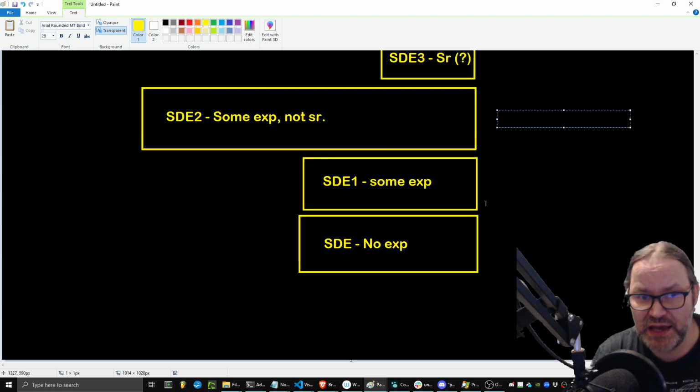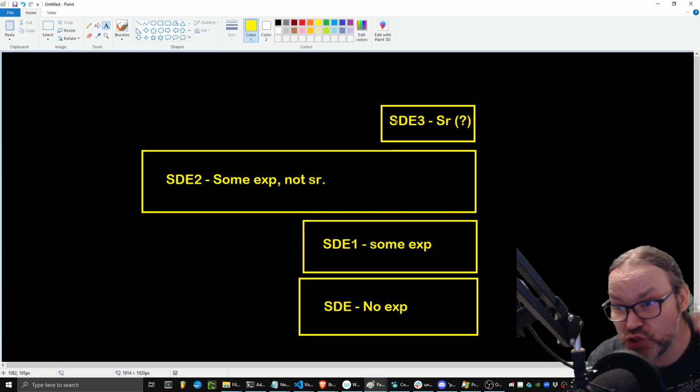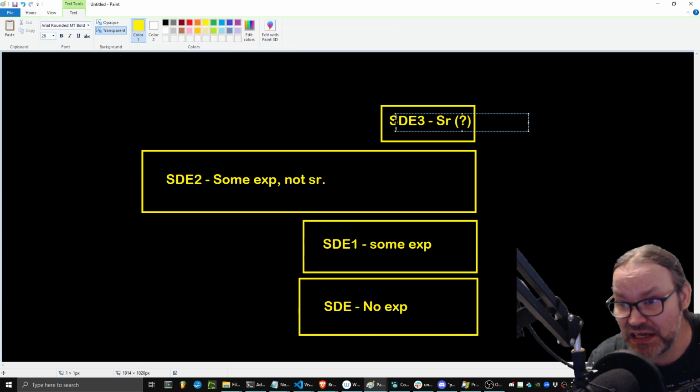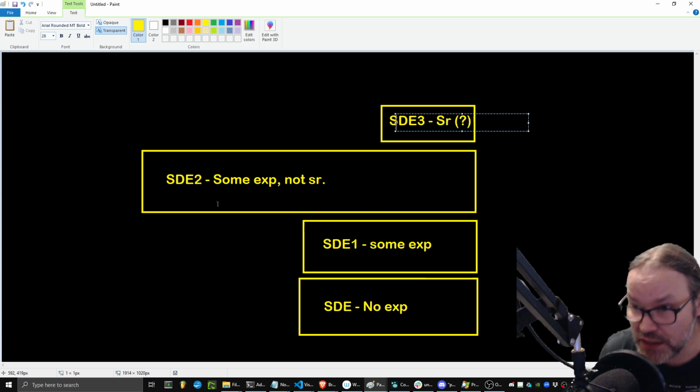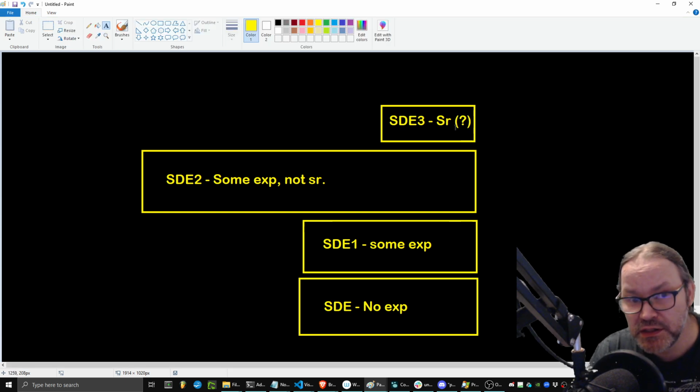The problem with that is that there's also a lot of people who are SDE3 who want the same jobs as SDE3. So if you're an SDE2 and you want a promotion because you don't want to be considered an intermediate developer anymore, you are forced to compete with this group of people who knows what they're doing, and you are going to be looking for the same opportunities.